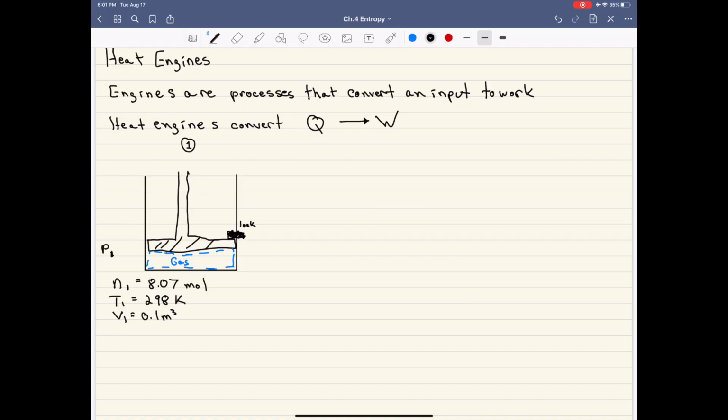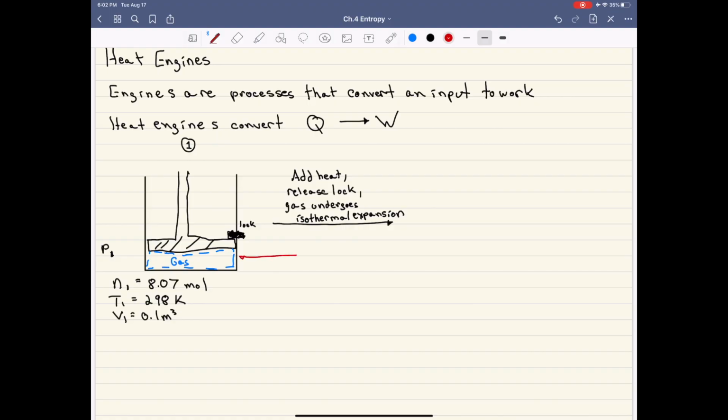Then we're going to do two things. We're going to expand the system isothermally, and in order to achieve that, we're going to add heat to the system, and then release the lock. By doing these two things, the gas undergoes an isothermal expansion, so the temperature stays the same, but the volume changes.